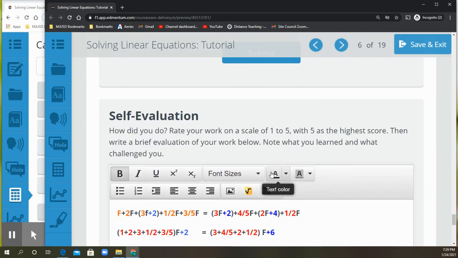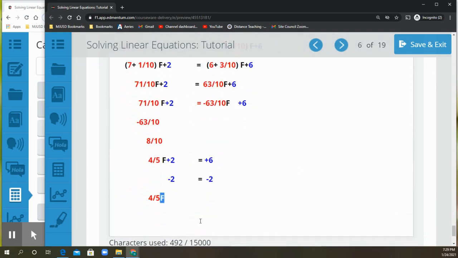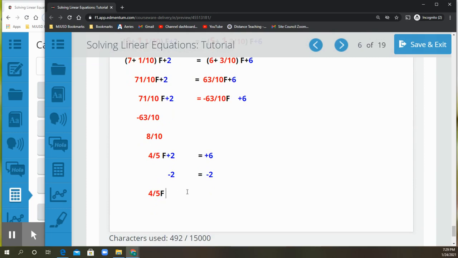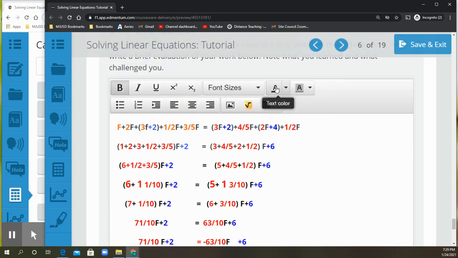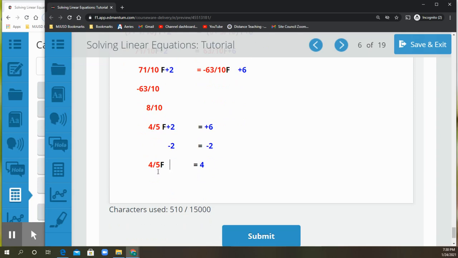Oops, I went too far up. Okay, so 4/5 F equals what's 6 subtract 2 is 4. We can make that blue just for giggles. At least we're having fun. So now we have 4/5 F equals 4.